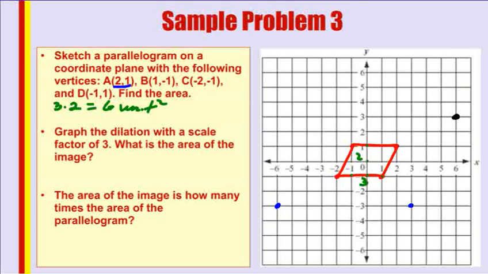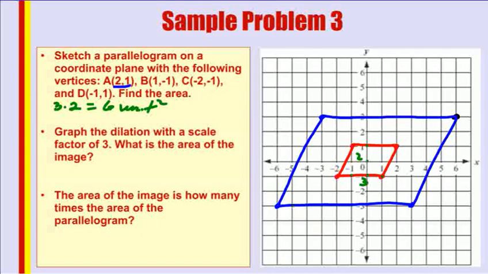Then I have (-1, 1), so (-3, 3). And then I can draw my lines. There's my dilated parallelogram.